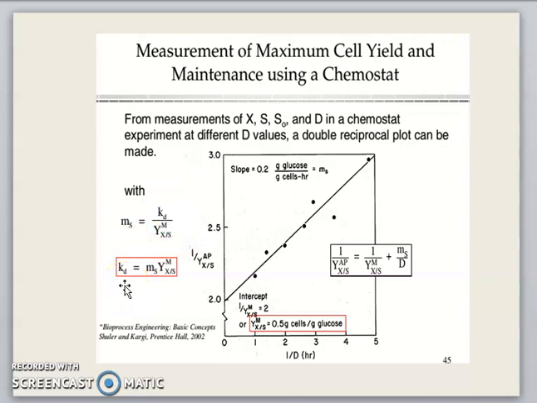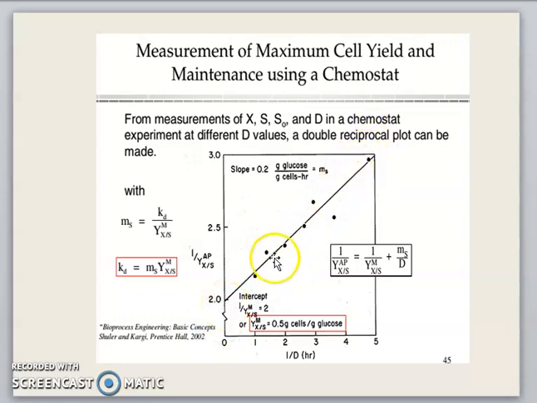This is for endogenous metabolism. You can also get the value of Y m xs from the intercept at the y-axis.